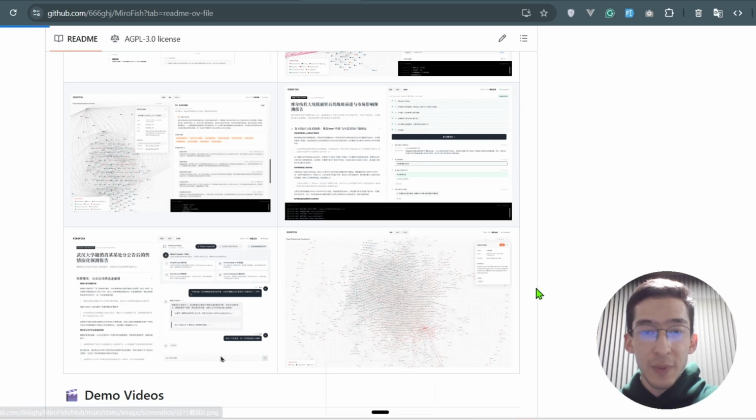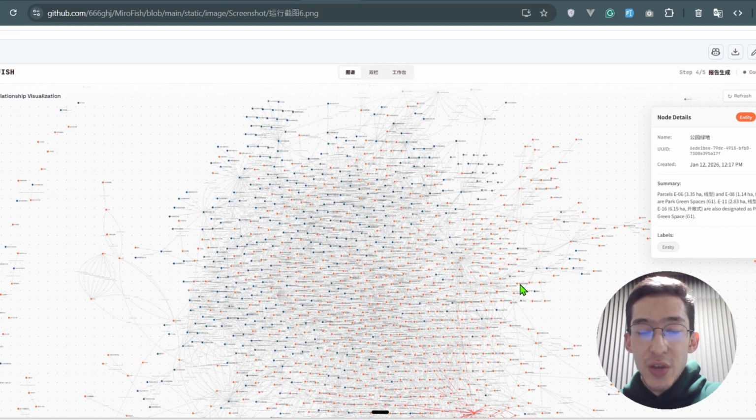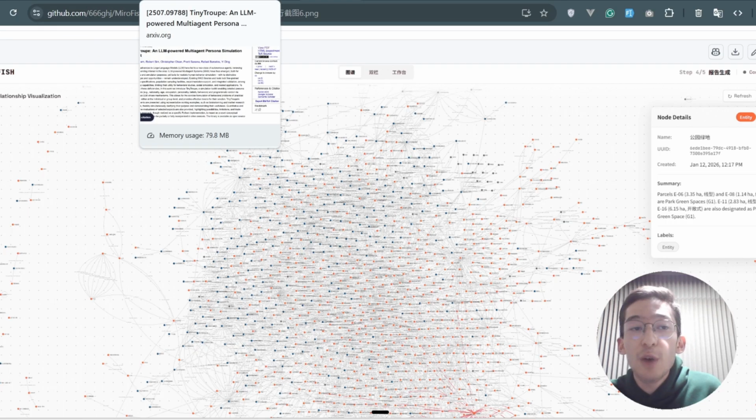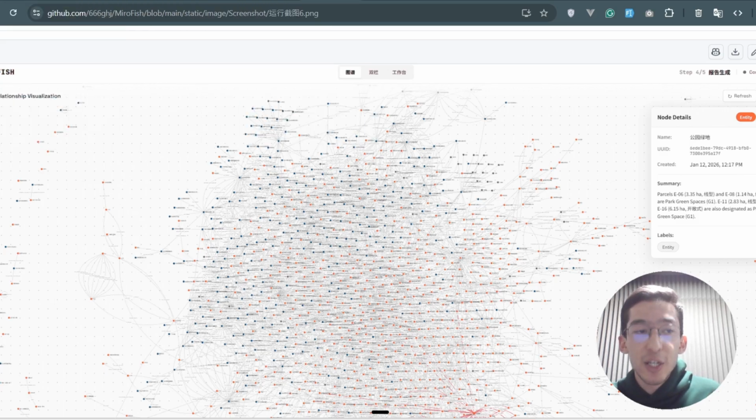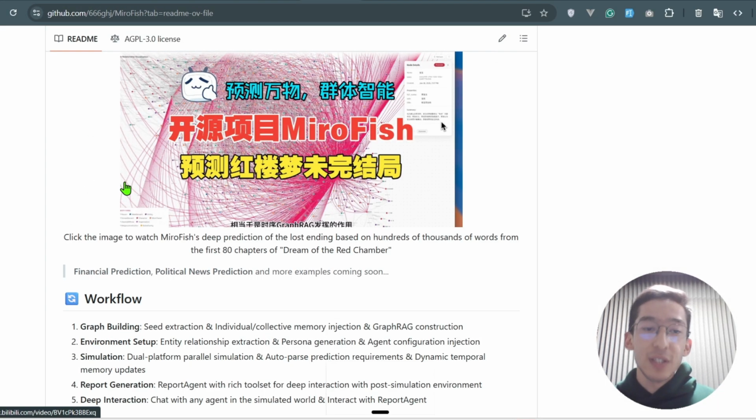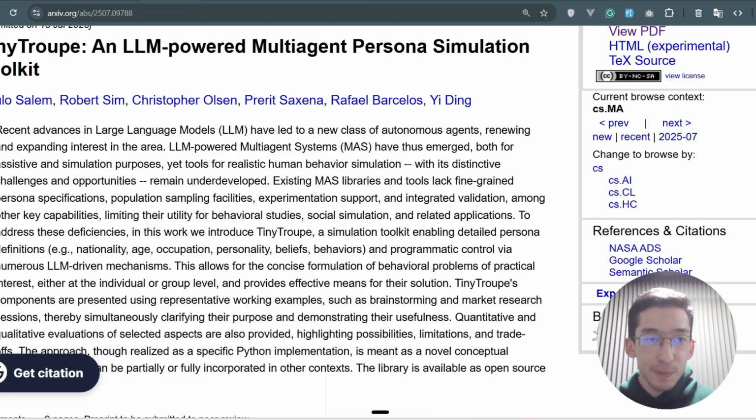And as you can see, it can create these relational graphs and grasp the necessary result from the data. So it also simulates human behavior. Okay, it's a multi-agent system. So for now, we know TinyTroupe and MiroFish are multi-agent systems, multi-agent technologies.